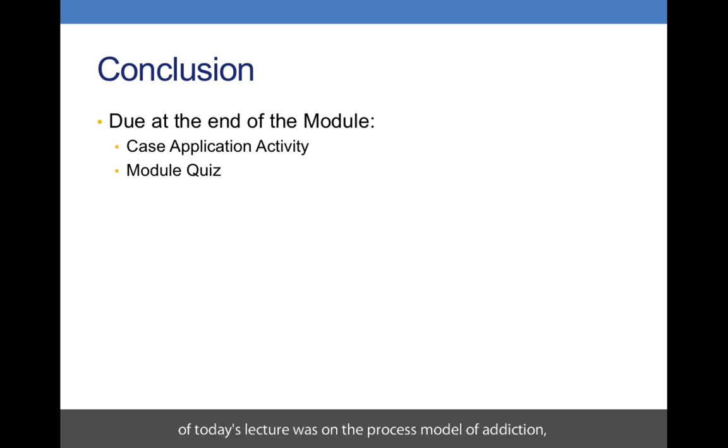The primary focus of today's lecture was on the process model of addiction, which explains how individuals respond to pain either by engaging in compulsive behaviors or using positive coping cycles which keep them in that resiliency and recovery stage. A reminder that the longer a person stays on one side of the model, the harder it becomes for that individual to leave or to develop positive coping skills.